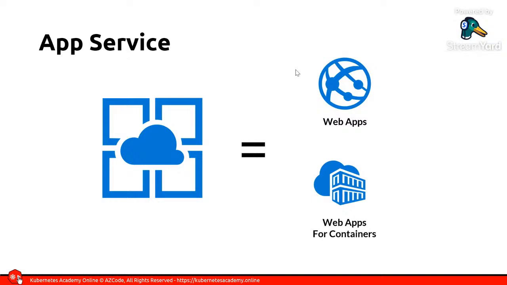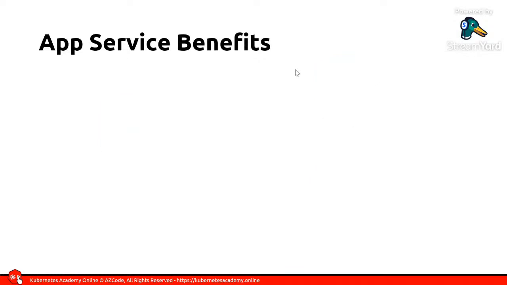But do you know that on App Service you can also run containers? There's a flavor of App Service called Web Apps for Containers that lets you deploy containers. So that's what we'll cover today, and we'll see a few tips and tricks.